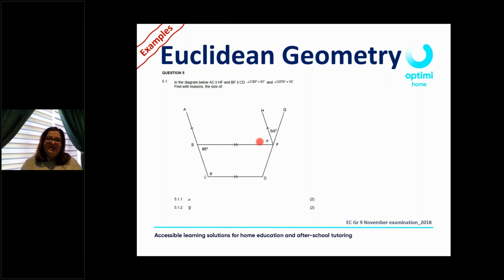You should go and revise all the different types of angles that I get, as well as the different lines that I get. Okay. For what is given here, I can see that I have parallel lines and a line connecting them. Now, we talk about the Z. There we go.